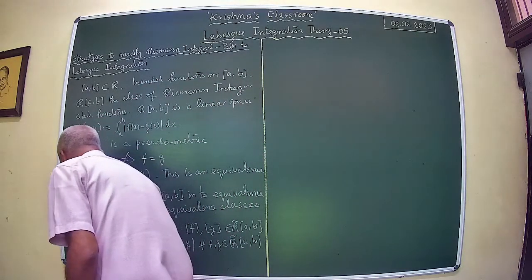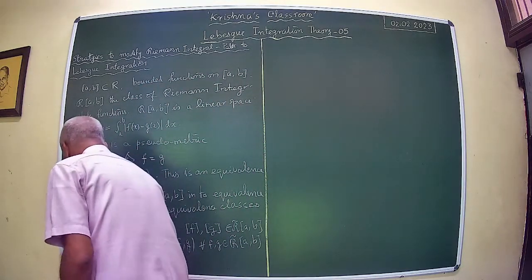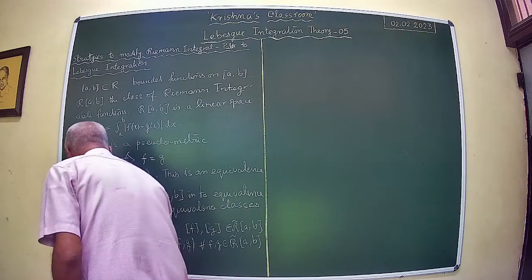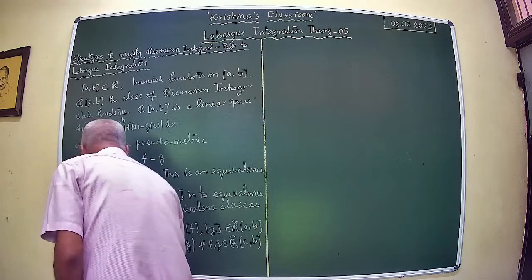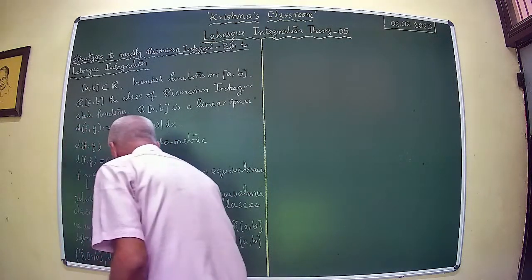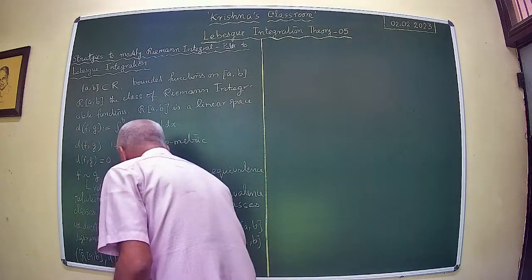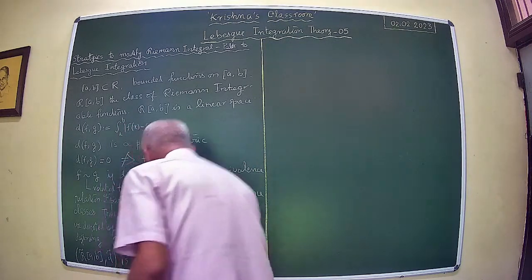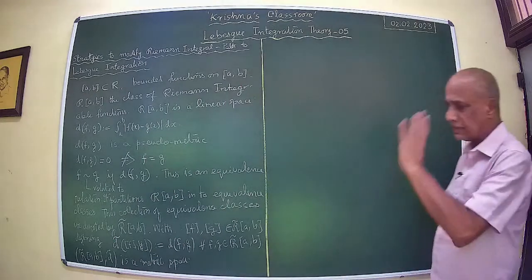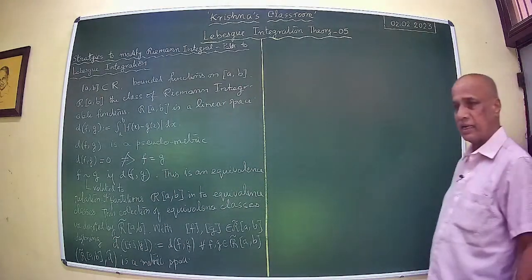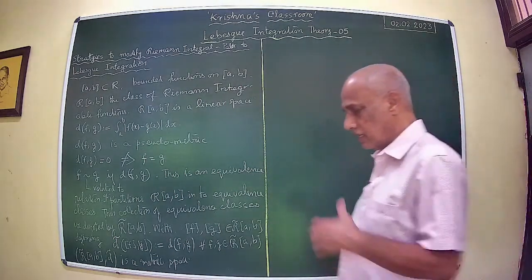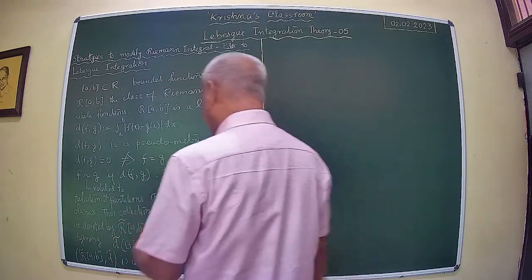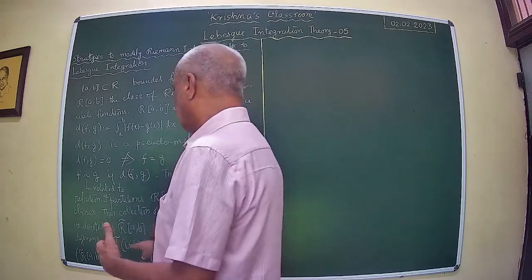R tilde [a, b] with d tilde is a metric space. So we could construct a metric space out of it, which is no more a pseudo metric, but it is a metric.